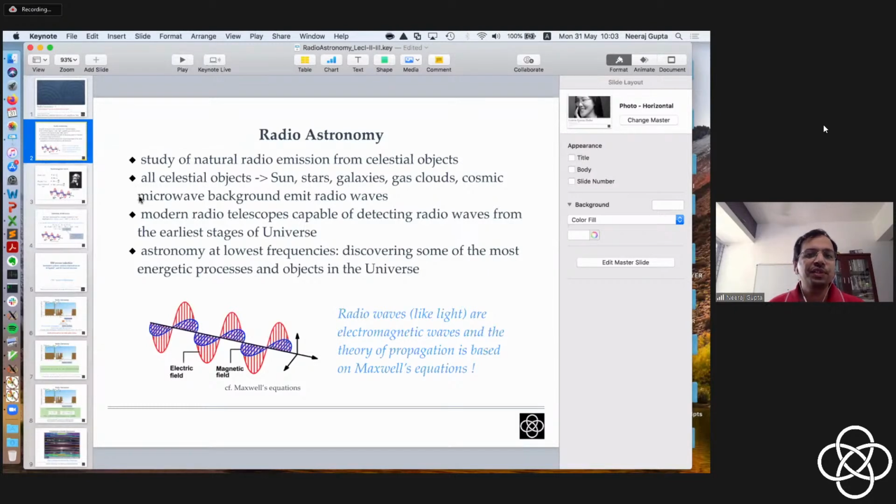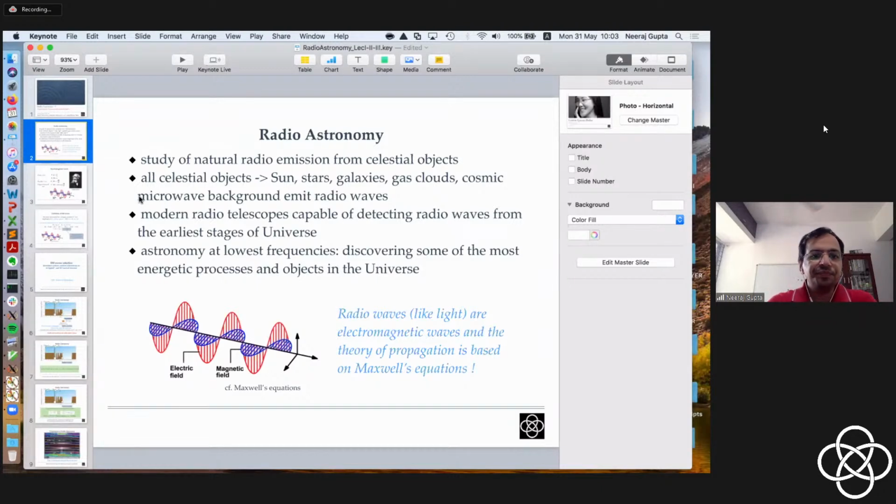All these astrophysical objects emit radiation at radio wavelengths at a certain level, right? Some are much brighter at radio wavelengths, some are fainter, but they all do emit radio waves at a certain level. And the radio telescopes that are currently available are capable of detecting this emission, right? So this means that we can do all kinds of exciting astrophysics at radio wavelengths.